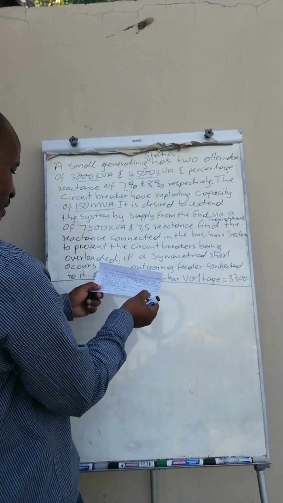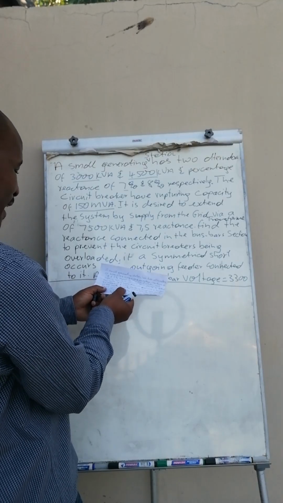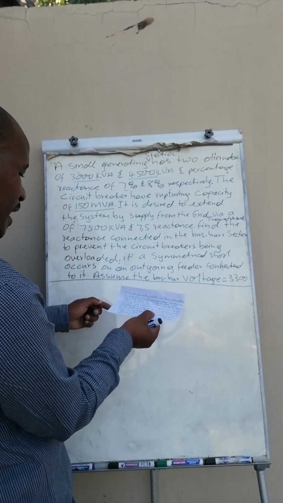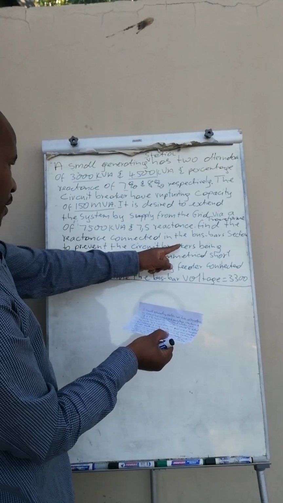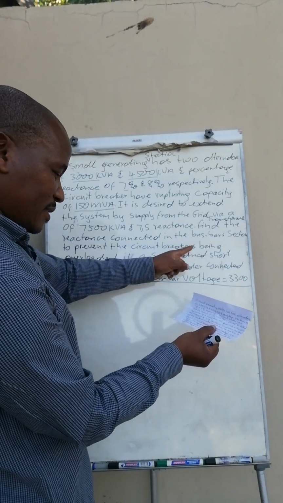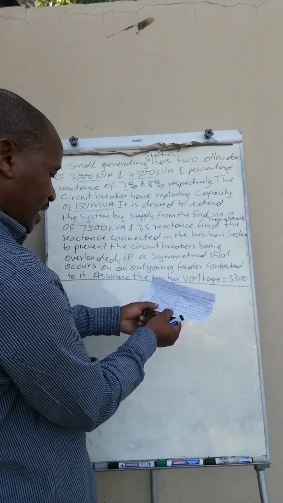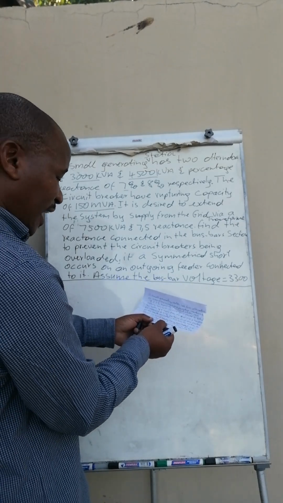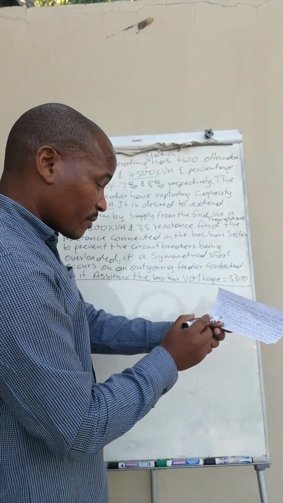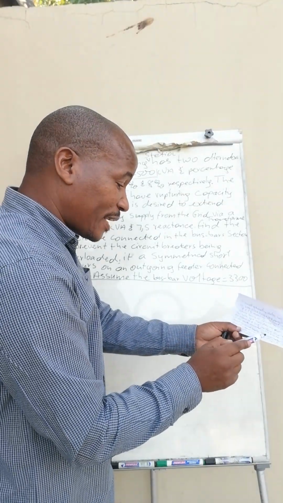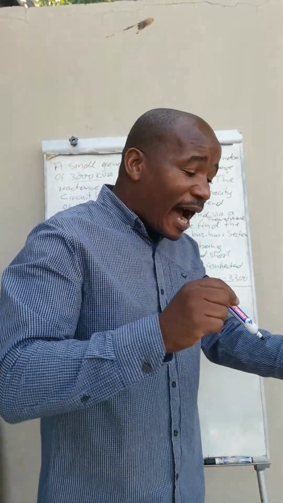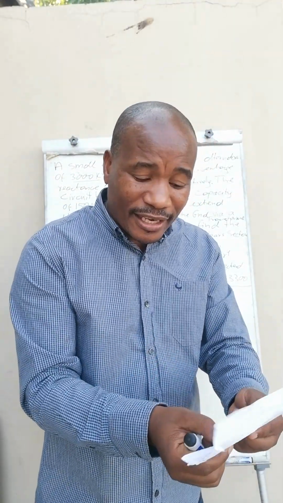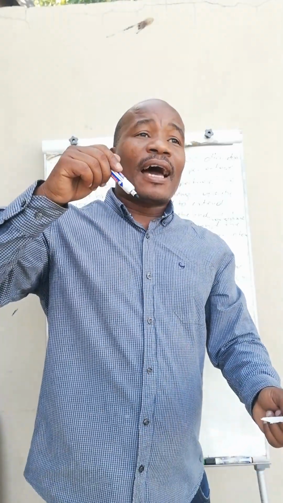Find the reactance of the reactor connected in the bus bar section to prevent the circuit breakers being overloaded if a symmetrical short circuit, very important, occurs on the outgoing feeder connected to that particular reactor.